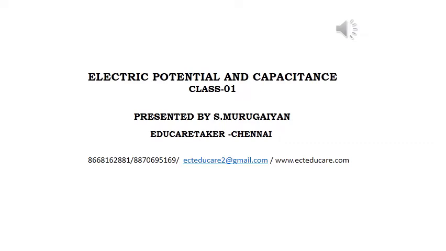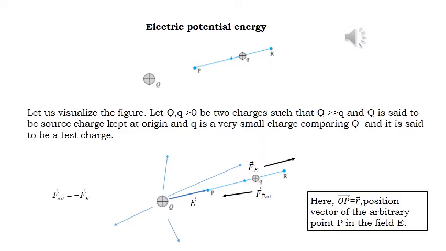Murugayan, Educator, Chennai. To discuss electric potential energy, according to the first figure, there are two charges, plus Q, capital Q and small q. Capital Q is said to be the point charge or source charge.